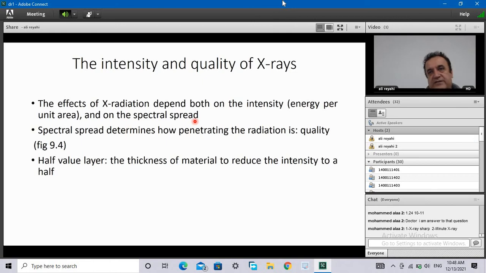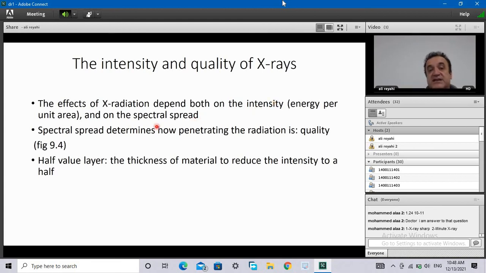It is important for us, for doctors, for physicians, that when X-ray strikes our body, how it transfers its energy. It depends on two important factors.